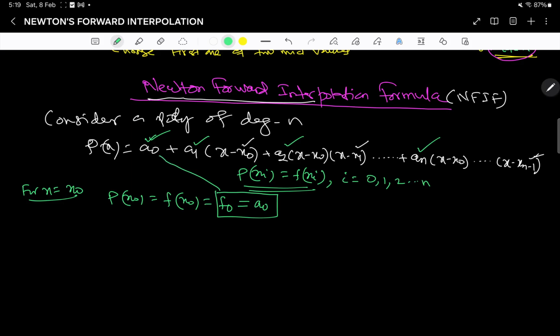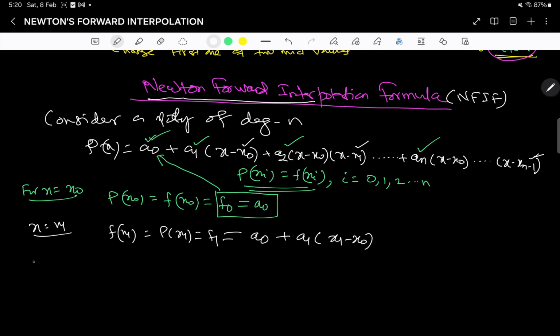I will substitute here. Then next I need to find a1. Likewise for x equal to x1, f(x1) is my p(x1), or f1. Here a2 onwards all the terms are 0, so it is a0 plus a1 into (x1 minus x0), because x is x1.